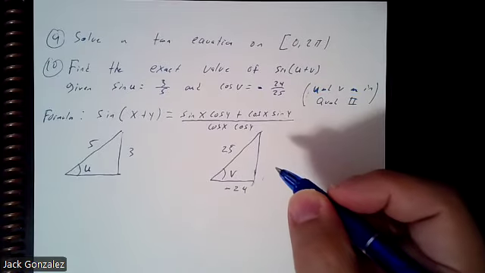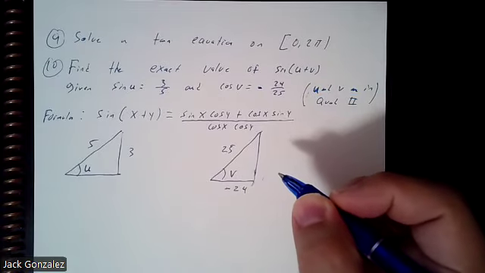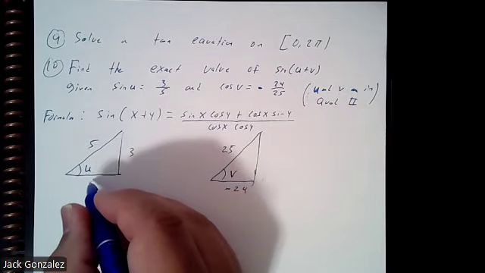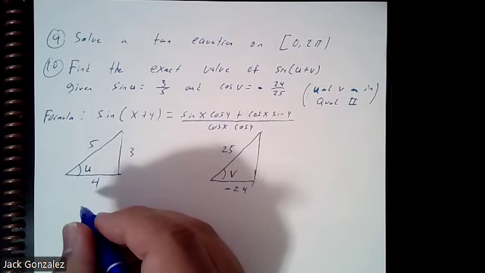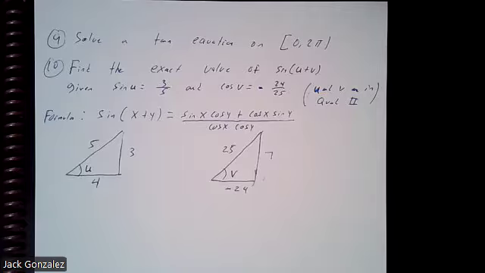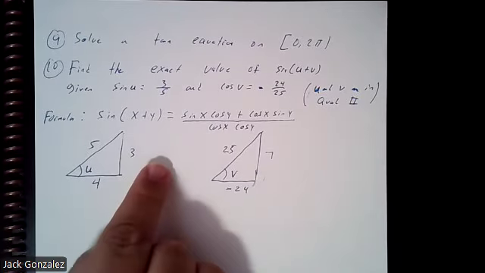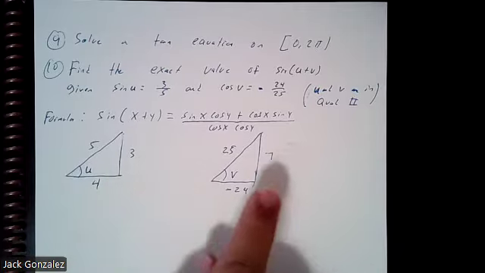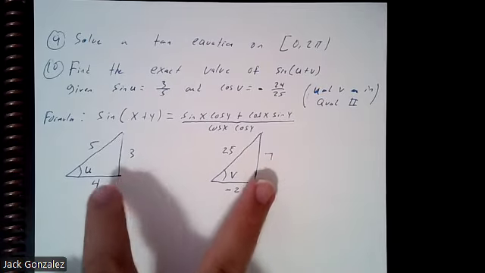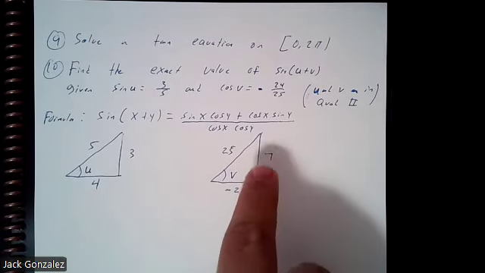No, we need the missing side. I know this one's going to be 4. I'm skipping the Pythagorean, so you're going to have to find the three sides. What was missing was the 4 on this one and the 7 on that guy.